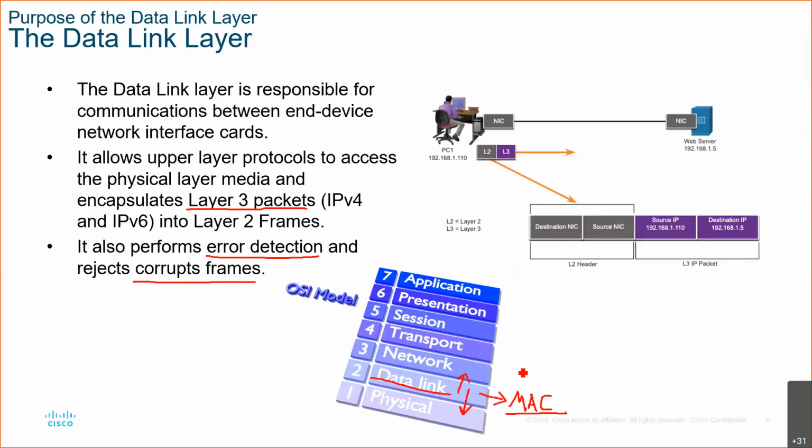And layer 3 IP addresses are IP version 4 and IP version 6. This morning session, I touched on that. We talked about the numbering systems, the binary numbering system, which is what the machines understand. And we talked about the hexadecimal numbering system, something which is used for MAC addresses, as well as for IP version 6.